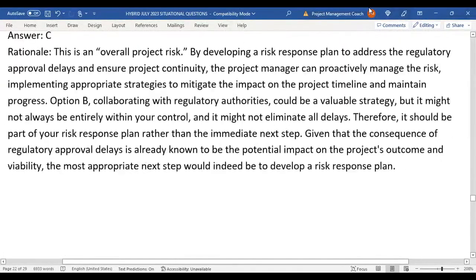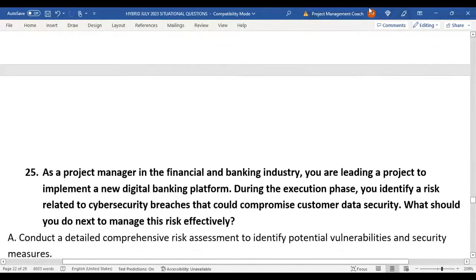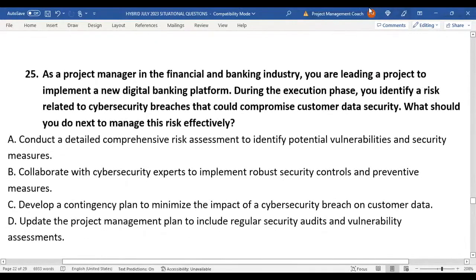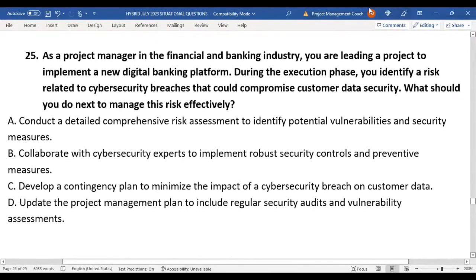All right, these questions, like I said, are a cut above. They make you think, and they are definitely a whole lot more difficult. They up the ante, but it puts you in that exam state of mind. Question 25. As a project manager in the financial and banking industry, you are leading a project. I'm going to let you read it just so that you get into the character of the exam, and I'm going to let you spend some time thinking of how to answer it.